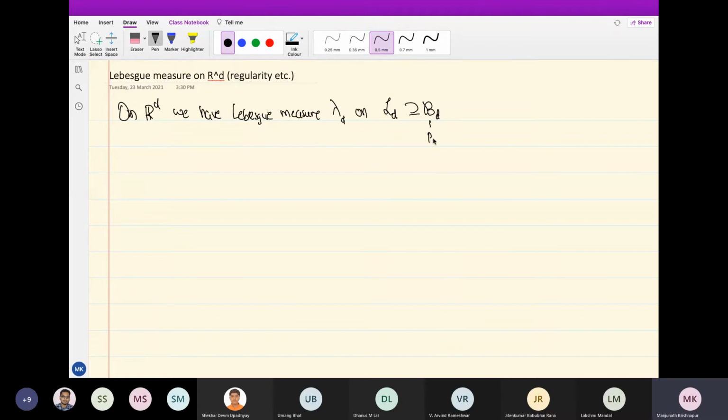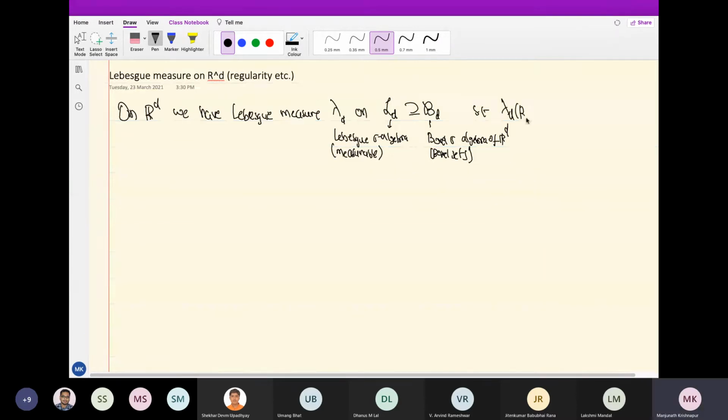So this is the Borel sigma algebra, and this is the Lebesgue sigma algebra. What this contains will be called measurable sets. Whenever people say measurable set in R^d, they mean Lebesgue measurable. What is here are called Borel sets.